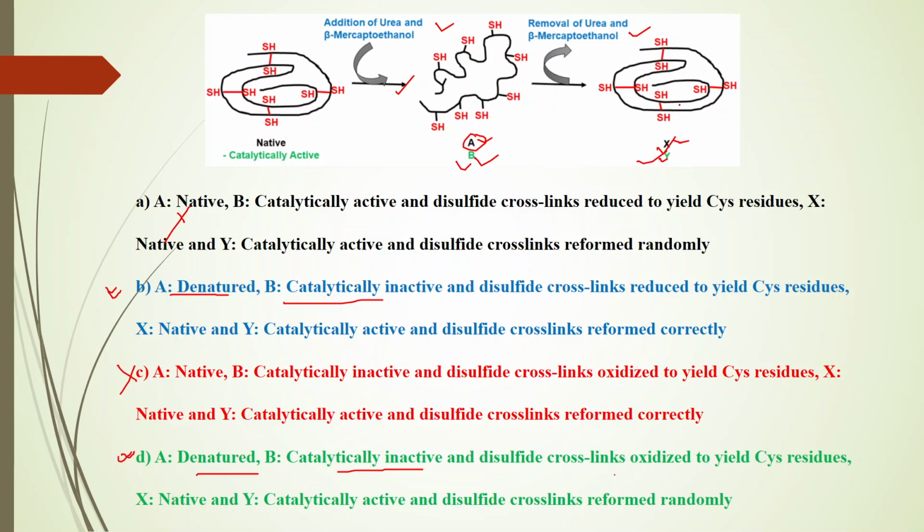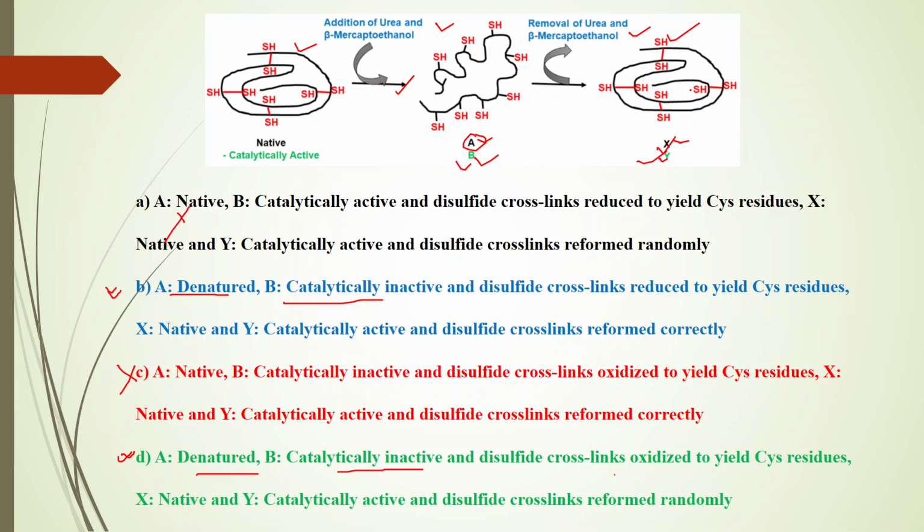Now let us move to the X and Y. You can already see that the first structure and the third structure are the same. Why am I saying they are the same? Because not only are they coiling, this is just a pictorial representation.